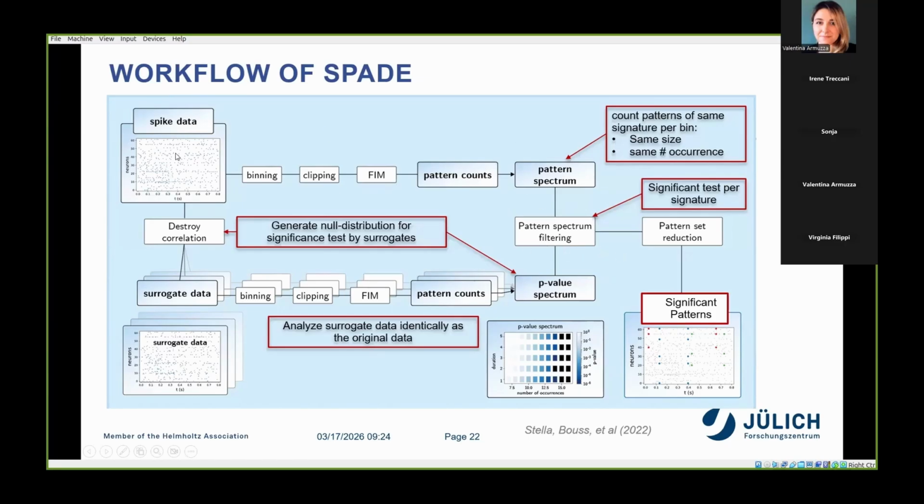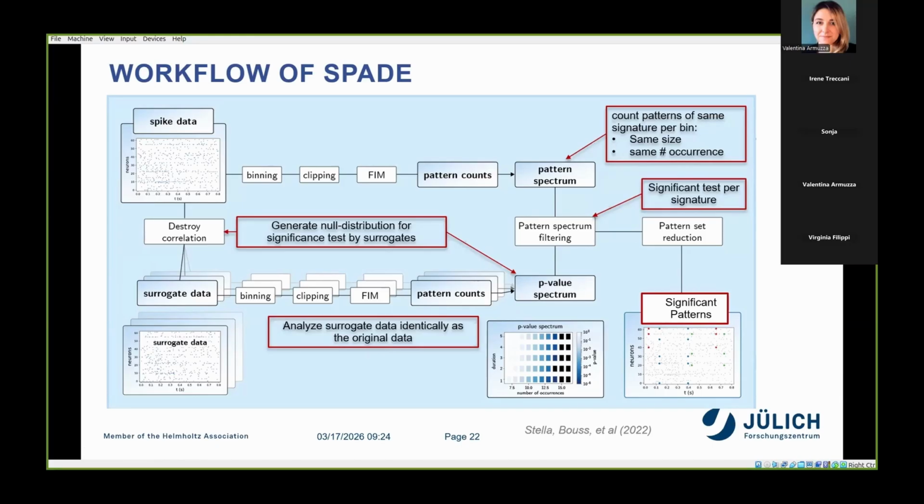And maybe we have to correct for some spurious patterns. On the other hand, we destroy the correlation by surrogates, as I said. We do many surrogates. We do the same analysis, binning, clipping, FIM, pattern counts, on the surrogate data. We have a p-value spectrum. We compare the two, and we get significant patterns. So you see this all in one picture.